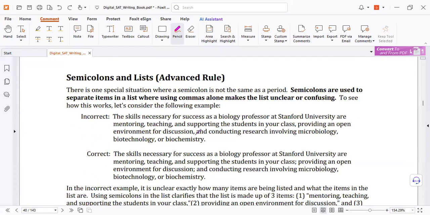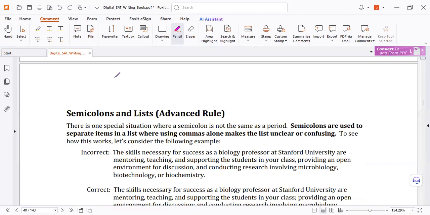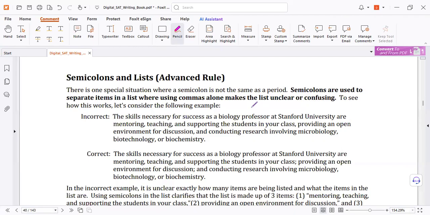Now we have a point in 1 minute. In 1 minute, we can use a semicolon in a list. Semicolon in a list. Yes. Why? You remember like that, information, comma, and information. If between the commas we have commas like that, you need to change the main commas to semicolons.